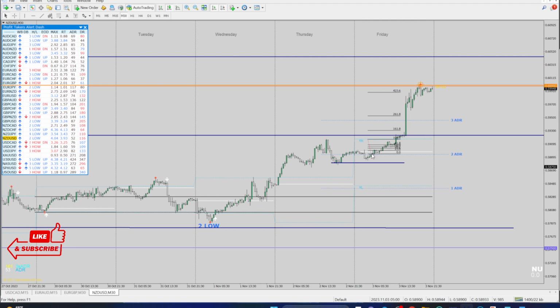You can barely see the 50, but it's right there where you're getting in. How about that, guys?